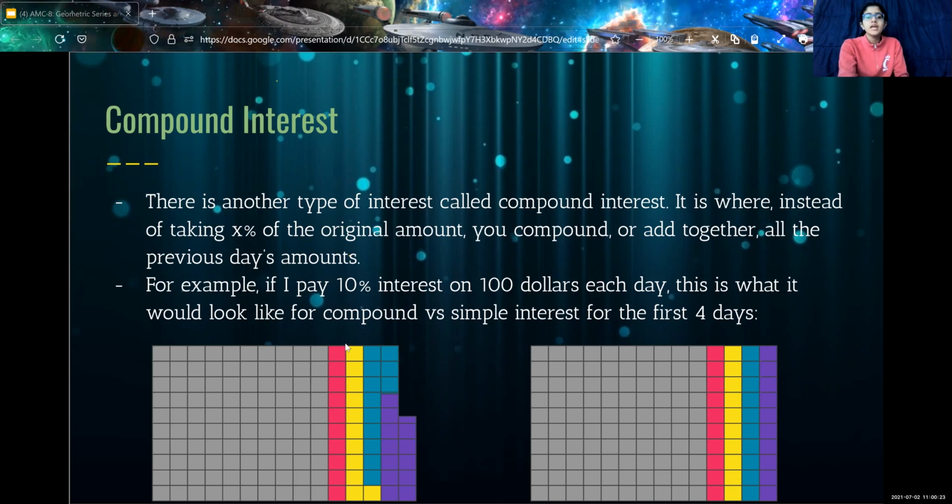That's compounded. And then I owe $121, and then we're taking 10% of that. So we're taking the interest rate on how much I owe currently at the moment, rather than how much I borrowed at the beginning.